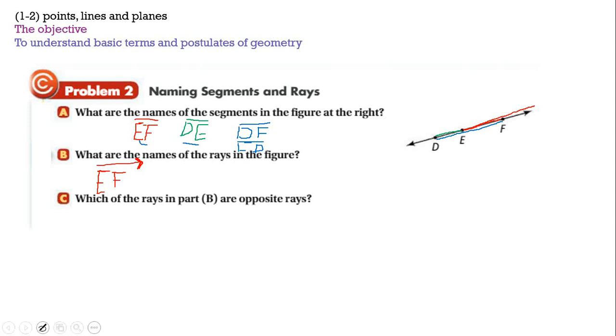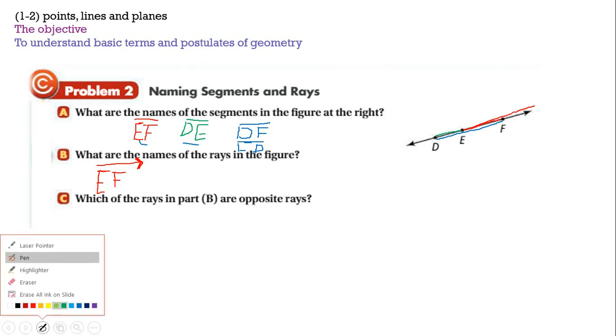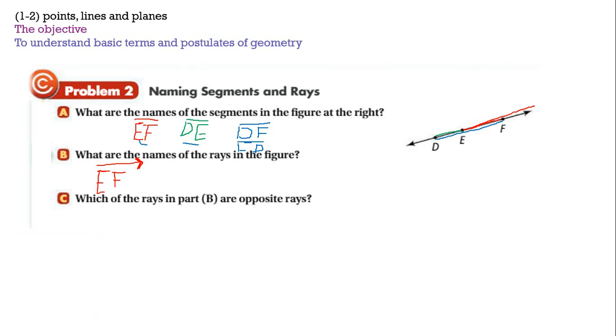Same thing here. If you start from here, this is also a ray, DF. So here for a segment you will put only a line on the top, while here you will put a small arrow like this.